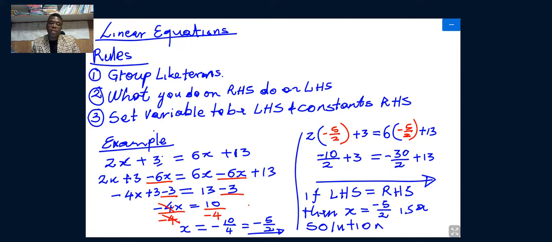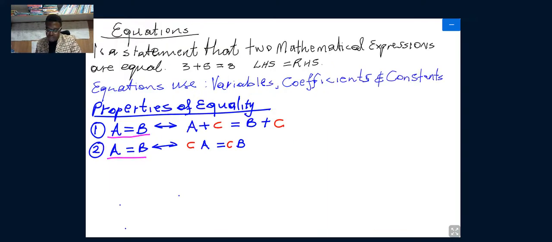We also do the same thing here. Because we have an equal sign, what you do on the left-hand side, you also do on the right-hand side. I've demonstrated here with these C's, this letter C, that what you do on the left, you must also do on the right.